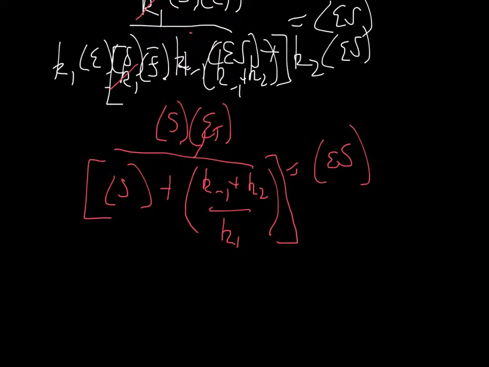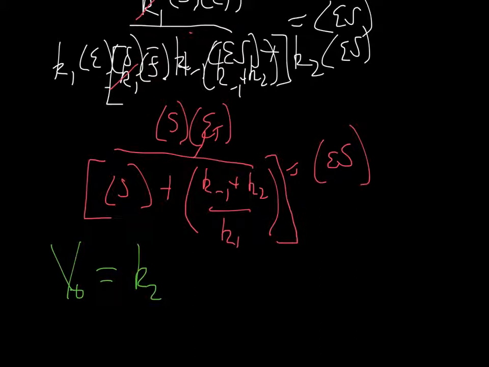But if you go all the way back in the beginning, we wanted to find this out. We had V naught, because that's the important thing, the reaction velocity, how fast is the reaction occurring, how much product is being made as a function of time, is equal to K2 times ES. So that means it's just K2 times that big thing.